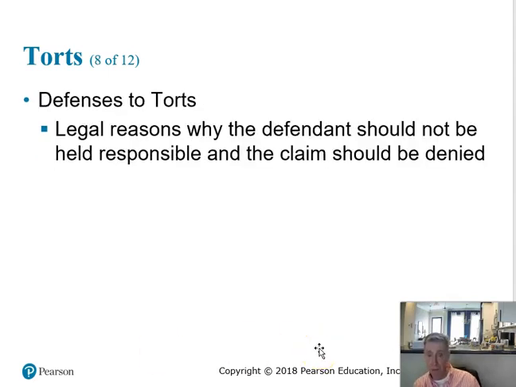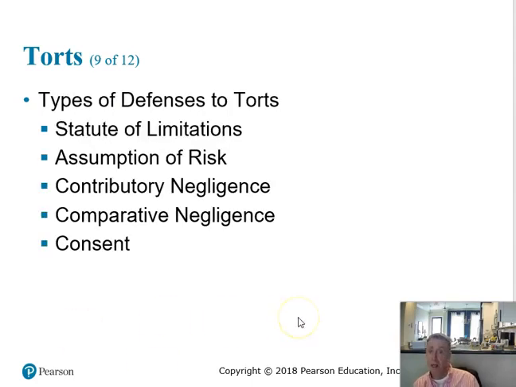Defenses to torts. Well, there are legal reasons why the defendant should not be held responsible and the claim should be denied. Simple. Some types of defenses. Statute of limitations might have already run. Assumption of risk. The plaintiff did something to put themselves at risk, so it should be blamed on the other person that there was injury.